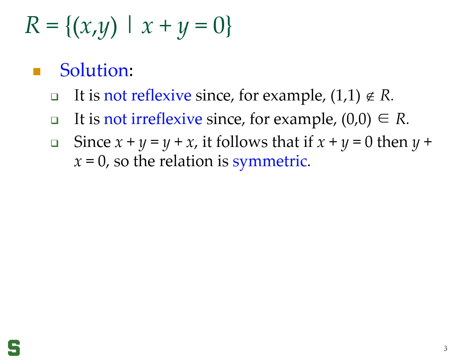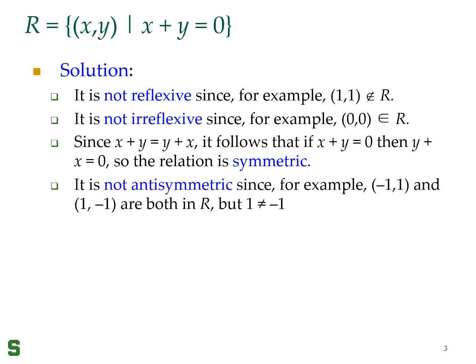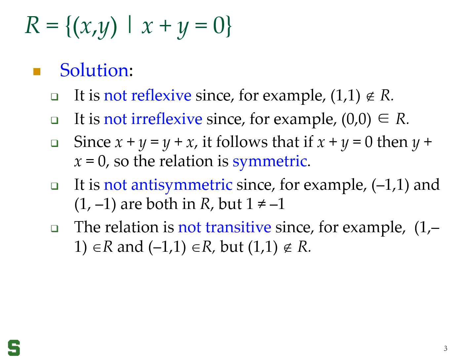That means the relation is symmetric. It's not antisymmetric, because you can have 1, minus 1 and minus 1, 1. Both are in the relation, but 1 is not the same as minus 1. It's not transitive because it's possible that x plus y is equal to 0, y plus z is equal to 0, but x plus z is not equal to 0.